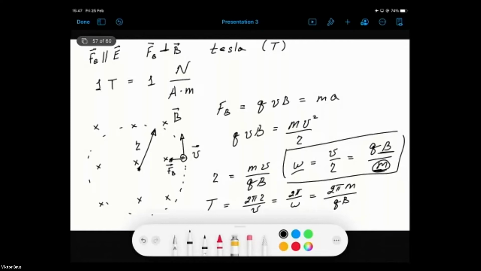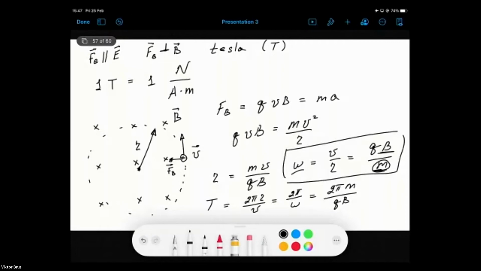Also, we introduced magnetic force, which is always oriented perpendicularly to the plane where both the magnetic field vector and the velocity vector of the charged particle are oriented.